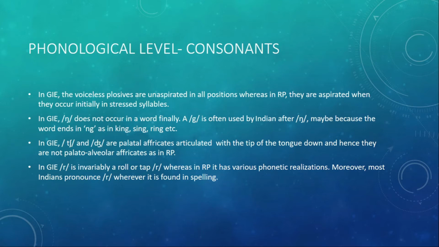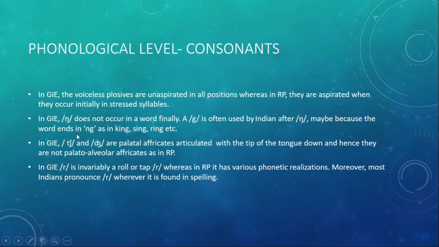For example, in RP, when I say pin, it should be pronounced with a puff of air. Also in cake, it's k, not just k. A little puff of air should come out of the mouth. That is called aspirated. So in RP, they are aspirated. But in GIE, these voiceless plosives are unaspirated.